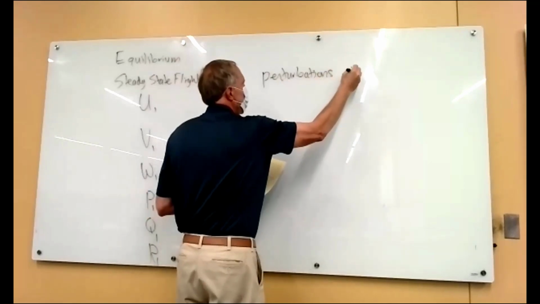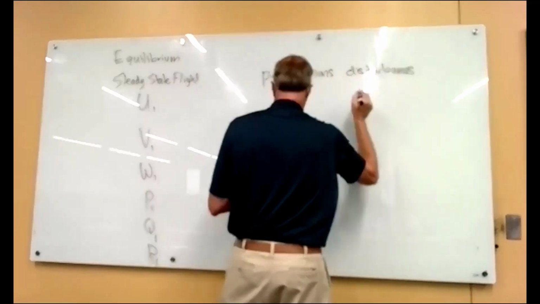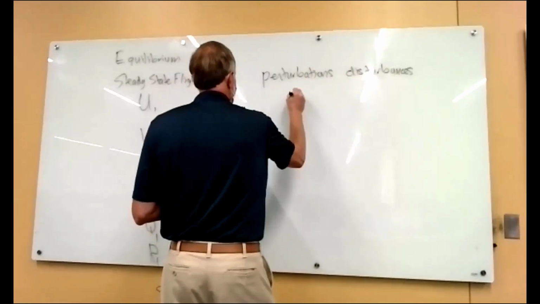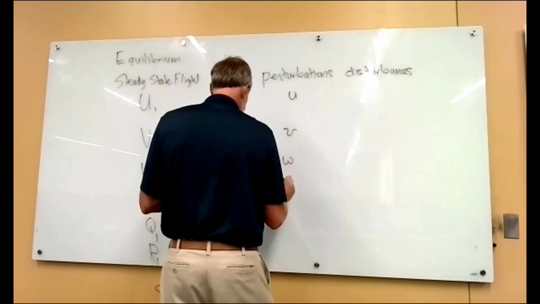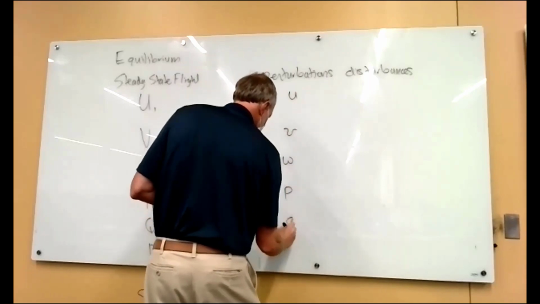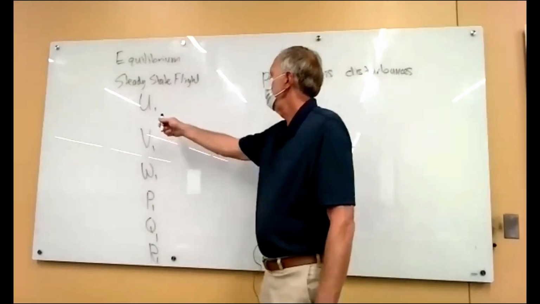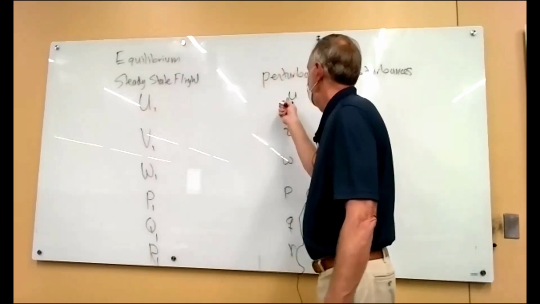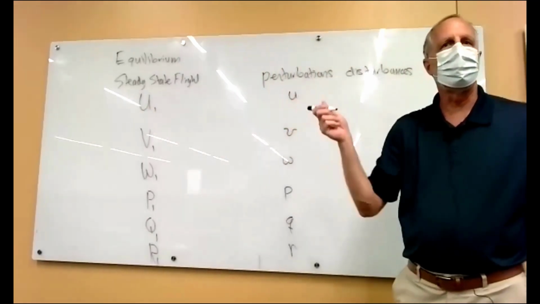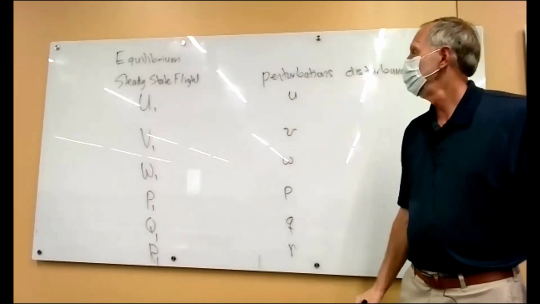These are the disturbances. And we say we have a little u, a little v, a little w, a lowercase p, q, and r. So if we're flying along at like 150 knots, something causes a gust in the forward direction. The airplane speeds up just a little bit for some reason.